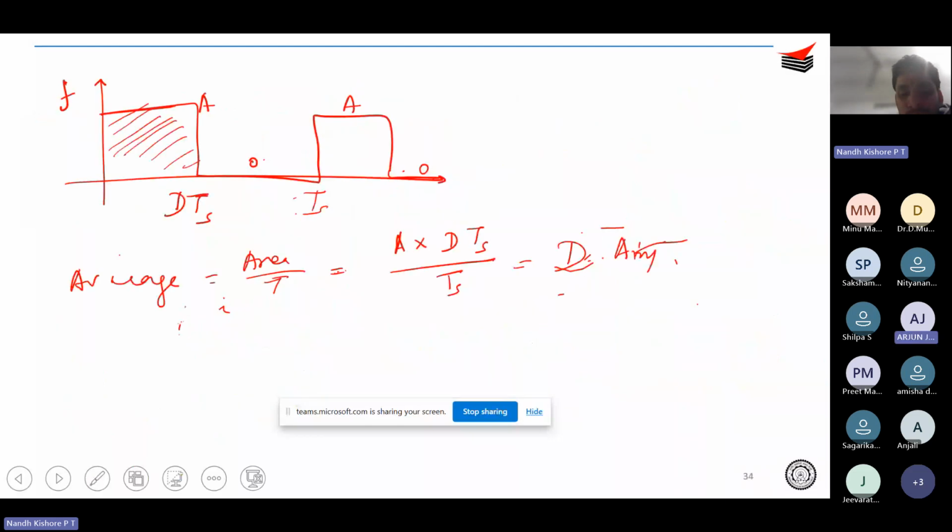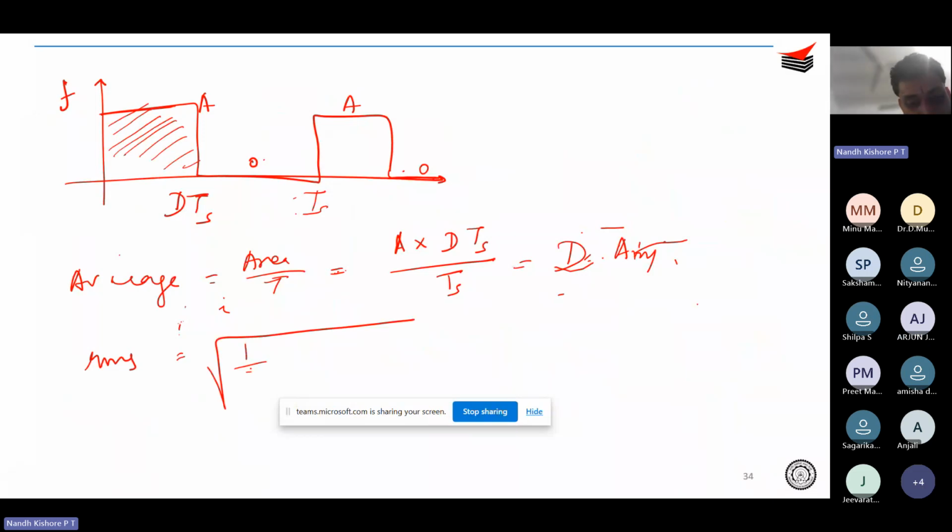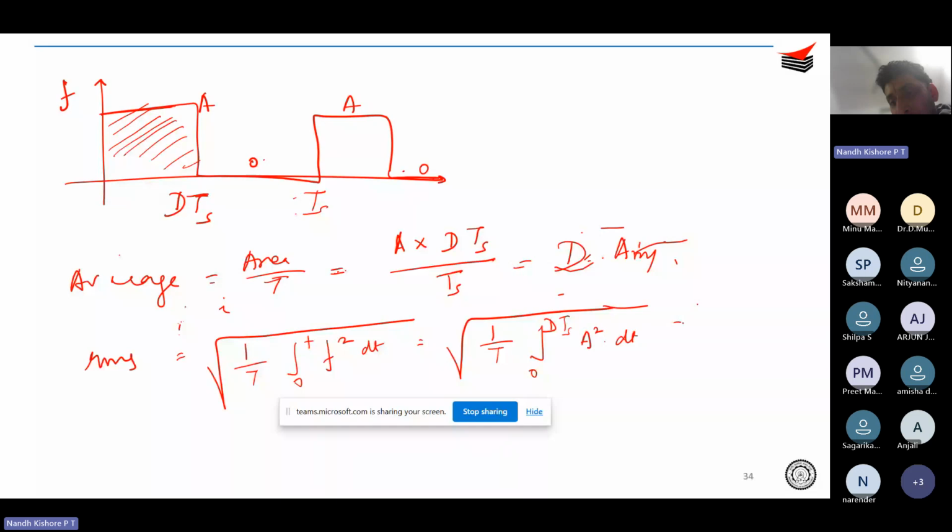Okay. Let me just fill this up. RMS is root of 1 by T integral 0 to D Ts, A squared dt. That is A into root D. Okay.